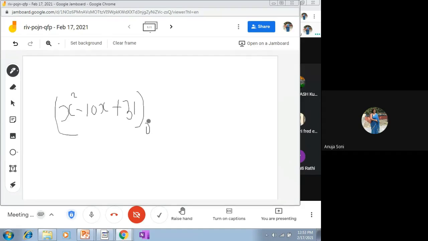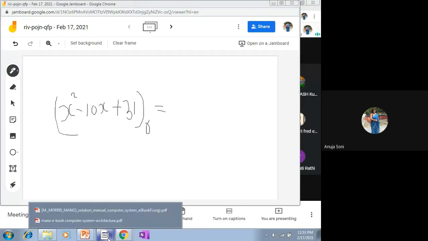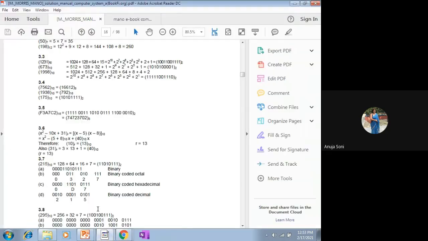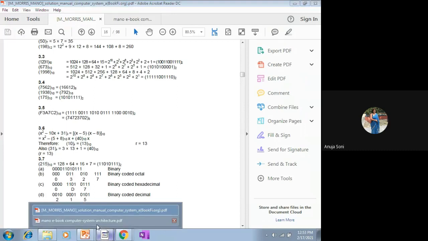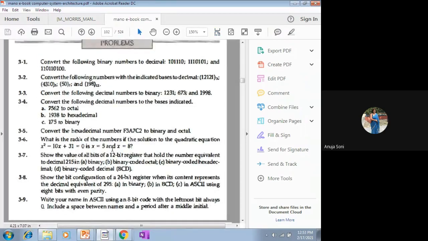The solutions of this quadratic equation are given in decimal form. Which solutions are given? x is equal to 5 and x is equal to 8. These are the two solutions, which by default have a base of 10 in the decimal form.